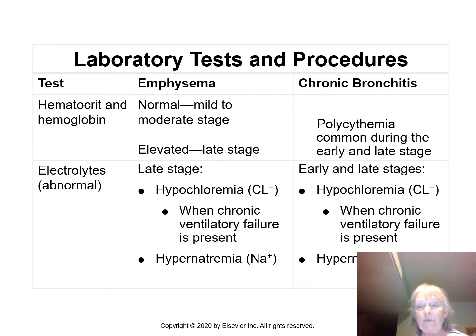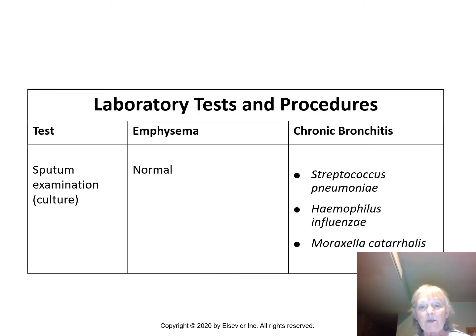It has to get rid of them. Sputum, for the most part, in emphysema is normal. However, with chronic bronchitis, because of all of that mucus that you're coughing up, there's been a lot of different things that we see at this particular point.